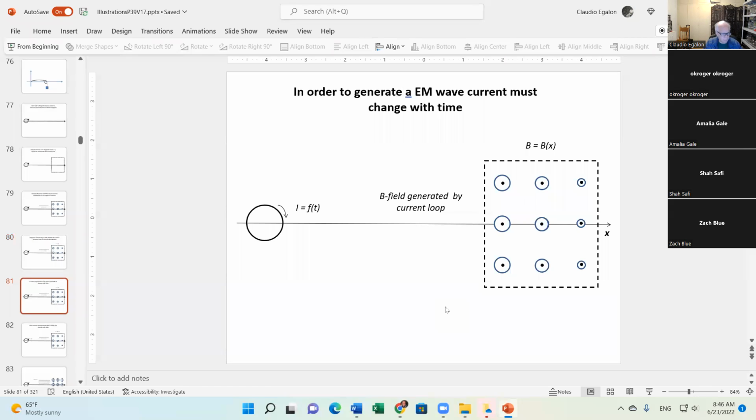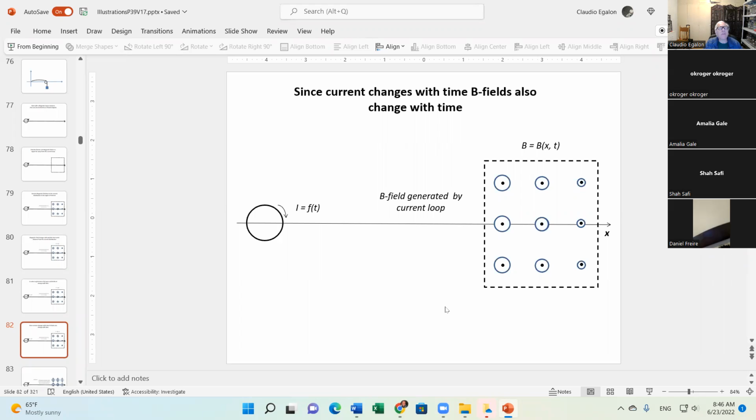Now I introduce the fact that the current changes with time. Since the current changes with time, the magnetic field must also change with time. And now something interesting happens.